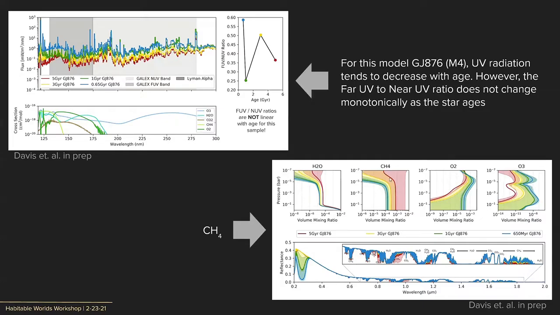For example, this red line represents the methane abundance at the median spectrum of the 5 billion year old star, but there is a range over which stars like it tend to vary. And so we can see that over all of these ranges for each of these ages of stars, the methane abundance can increase by well over an order of magnitude.